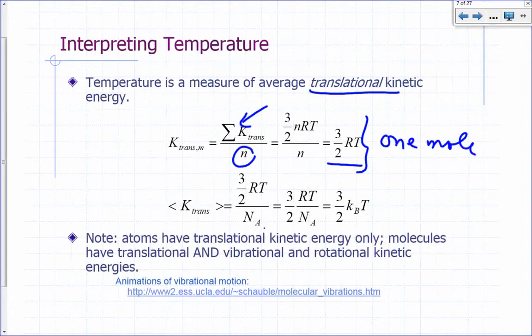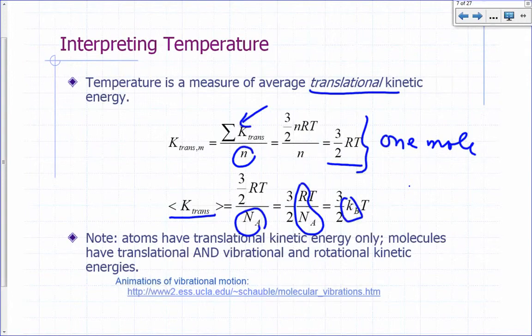So that's per mole. If you divide that by Avogadro's number, you get 3 halves times kT, where k is R divided by Avogadro's number, called the Boltzmann constant. And so the average translational kinetic energy per molecule is 3 halves kT.